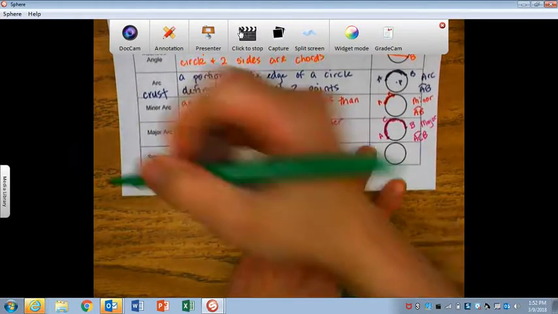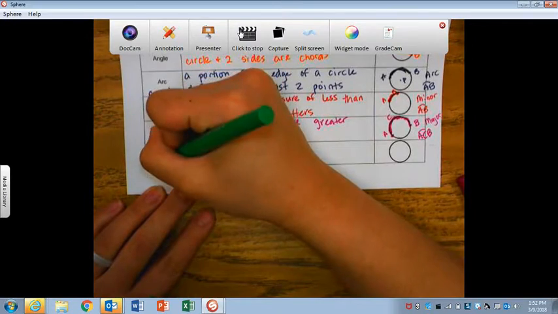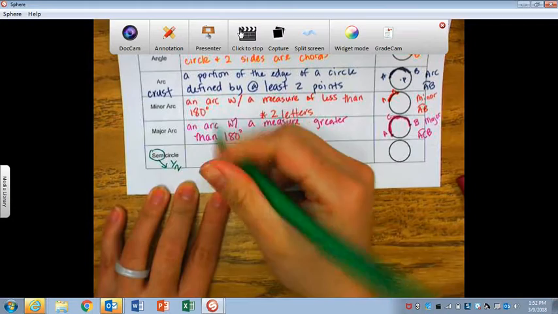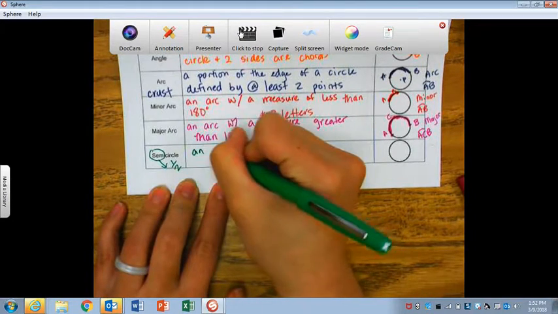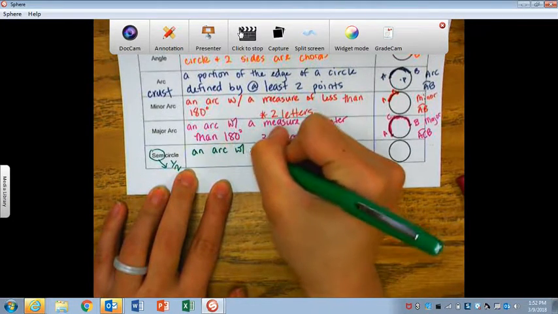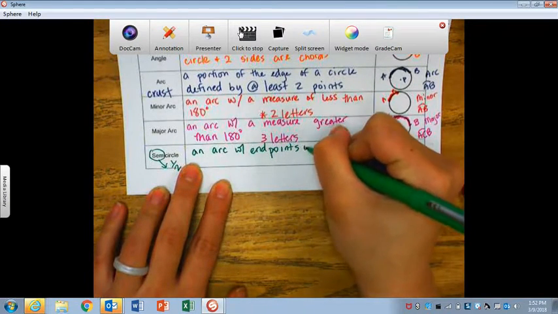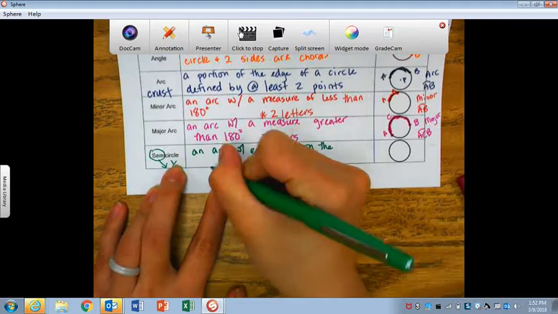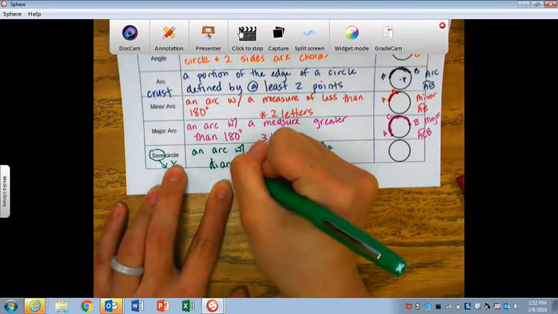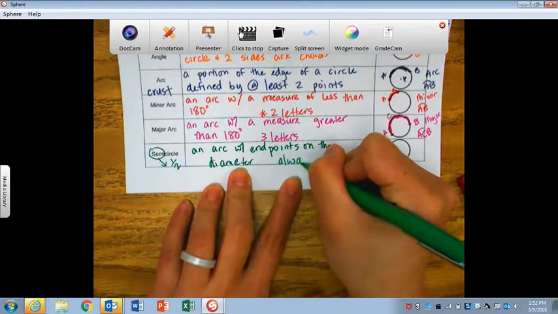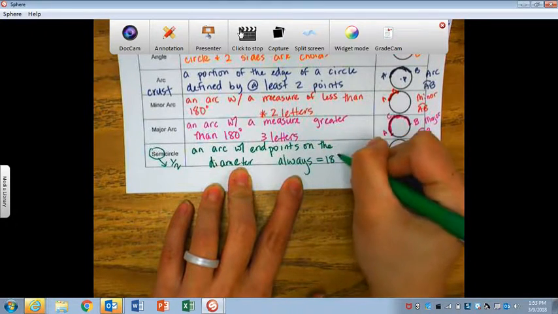And the last term is semi, half. So a semicircle is an arc with endpoints on the diameter. It is always equal to 180 degrees.